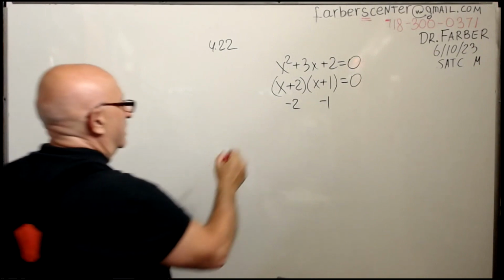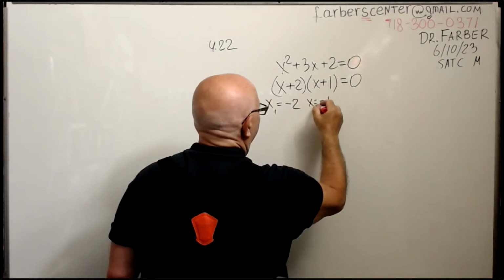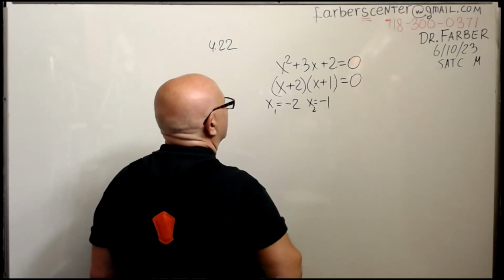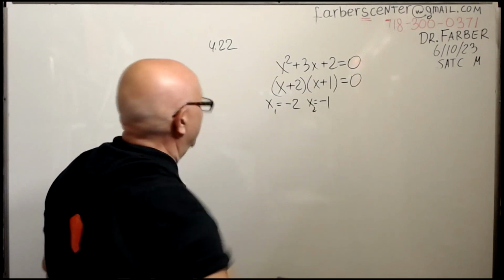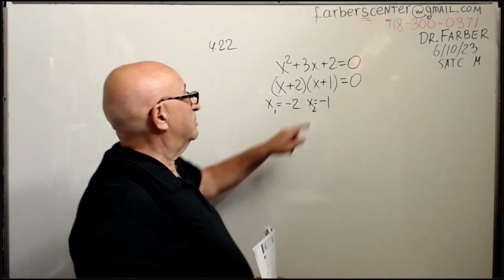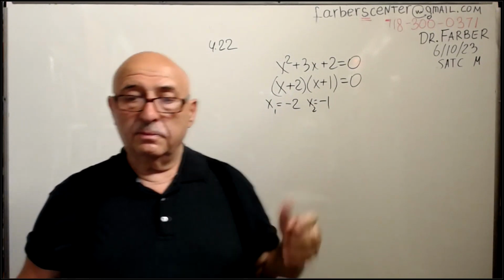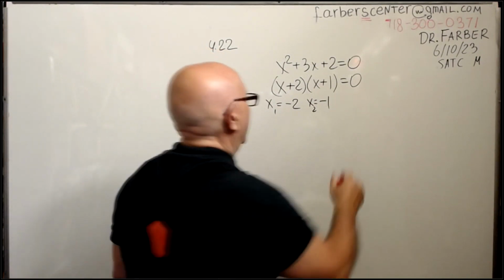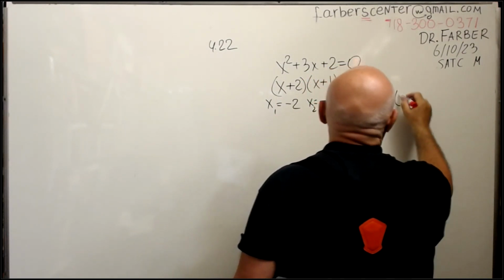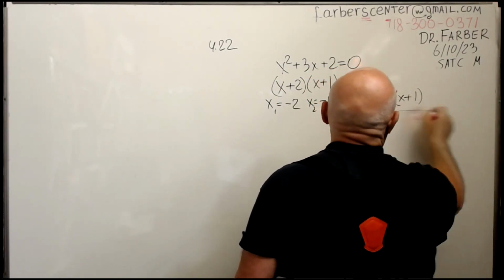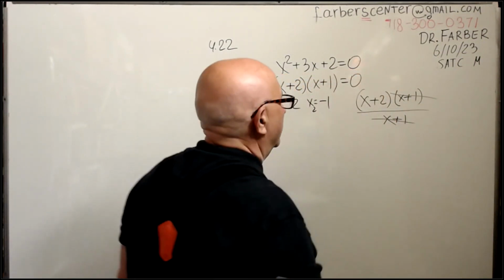So if x equals -2 or x equals -1, this polynomial, in this case a trinomial, is divisible by x plus 1 or x plus 2 without remainder. How to prove? Easy. If you take, for instance, x plus 2 times x plus 1, and you divide by x plus 1, divisible, no remainder.